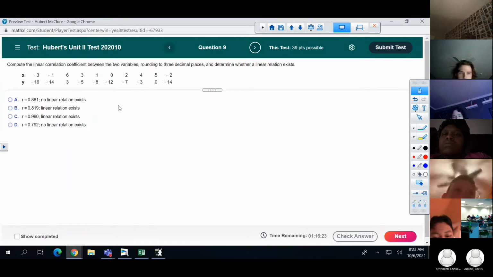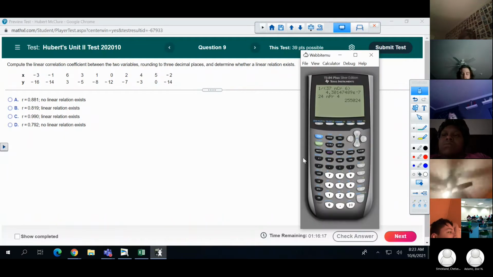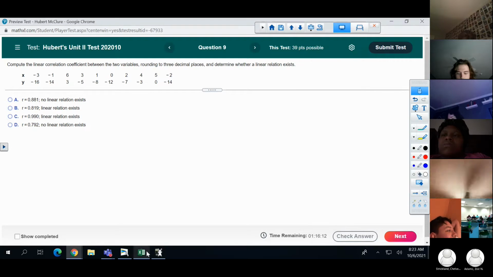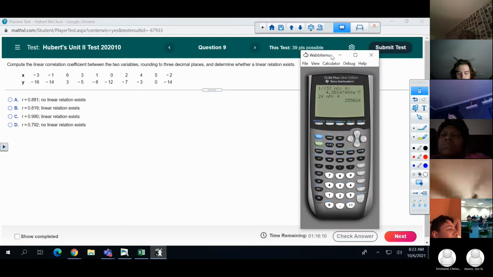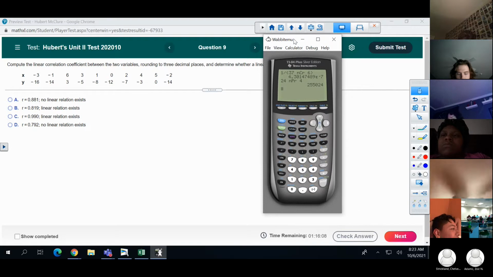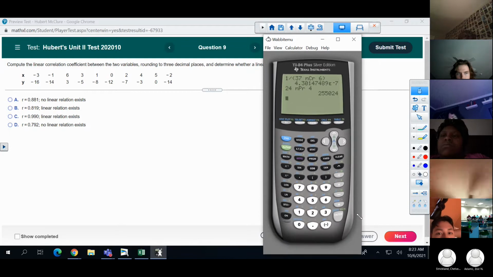There's another one. This one's asking for R. So we're going to type these in the calculator because the calculator gives us R. We don't have to find it like we do in the Excel spreadsheet. So type them in because it'll take me twice as long to type them in, but I'm going to try to type them in if I can get this calculator to adjust.